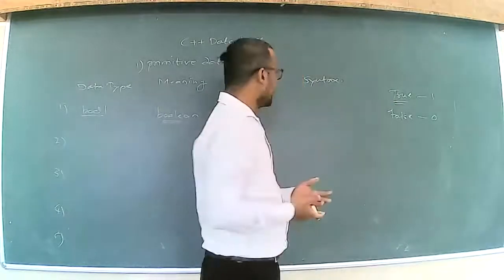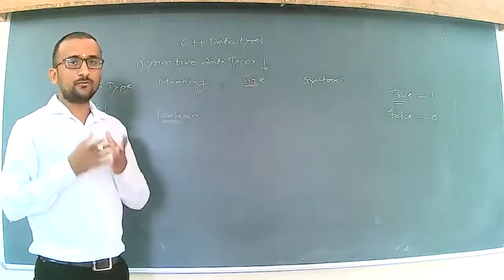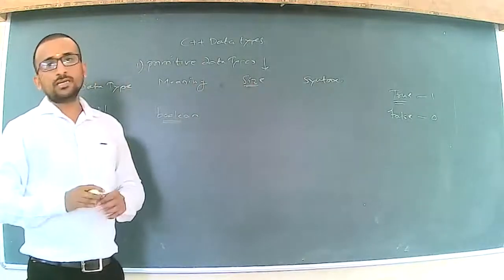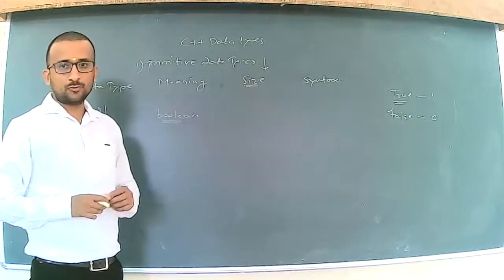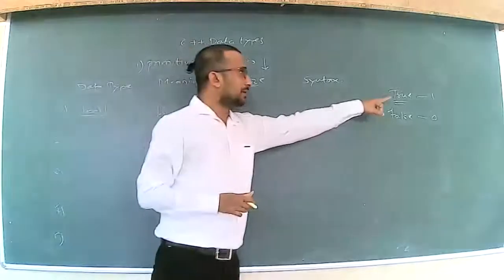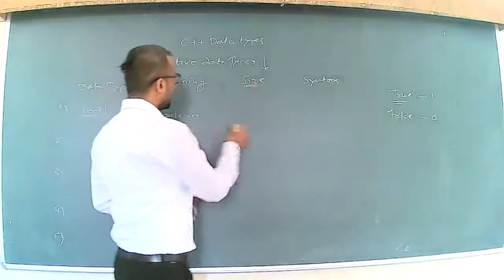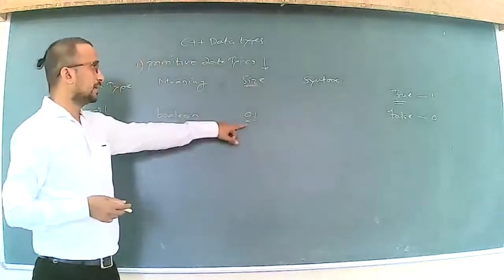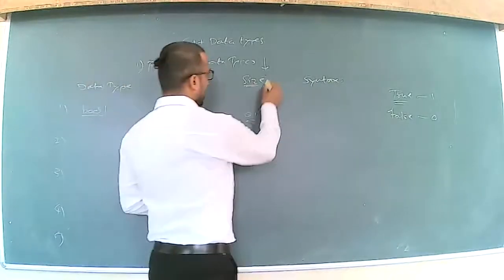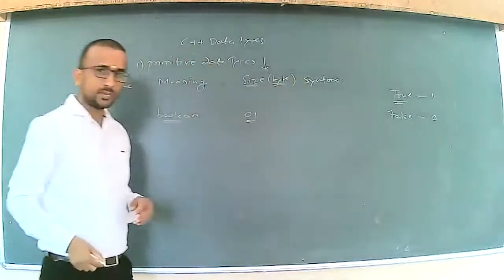Whenever you declare a boolean variable, it is going to have a 1 byte value, either 1 or 0. So the size of a boolean variable is 1 byte.